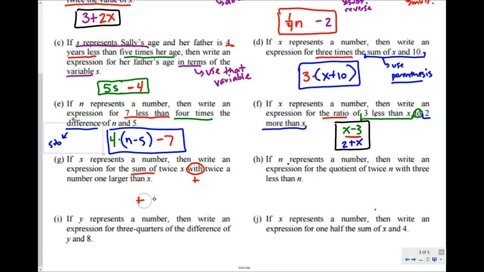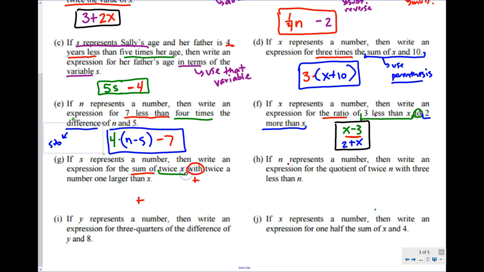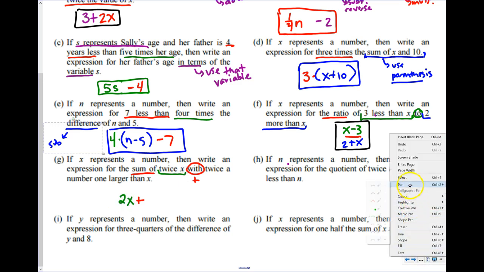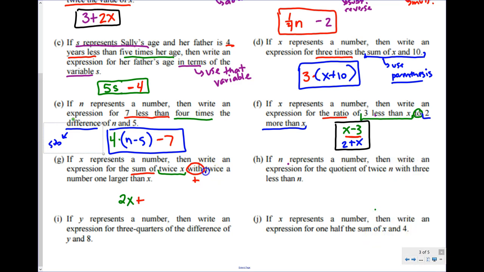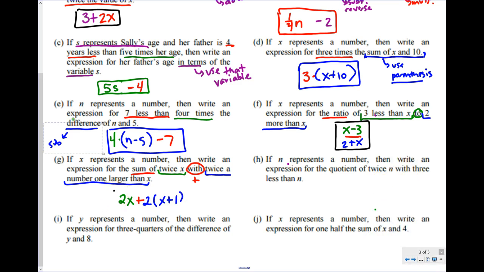So what goes in front of the plus sign? This part right here. Twice x. Twice x is written as 2x. And what comes after that word with? After the word with comes twice a number 1 larger than x. So a number 1 larger than x would be x plus 1, but I want twice that. So I have this phrase. 2x plus 2 times x plus 1. Okay? That one was a little trickier.